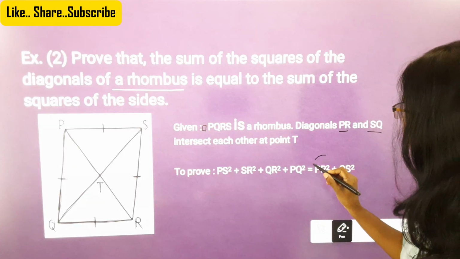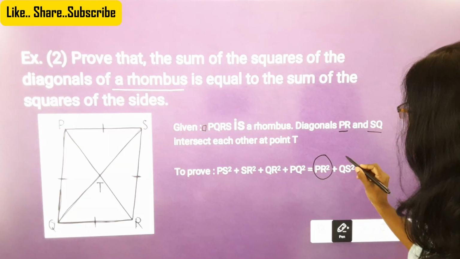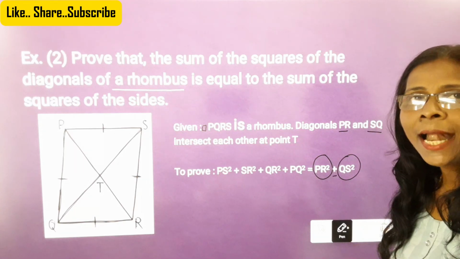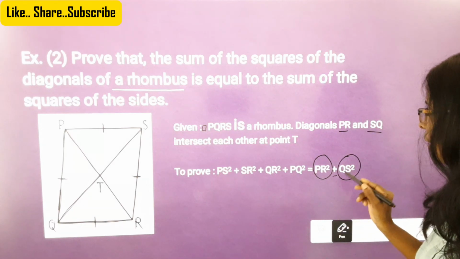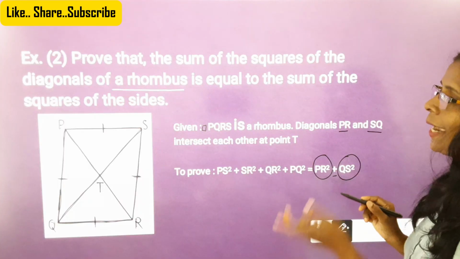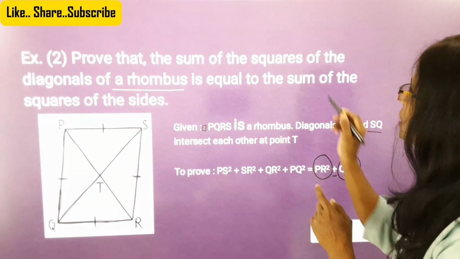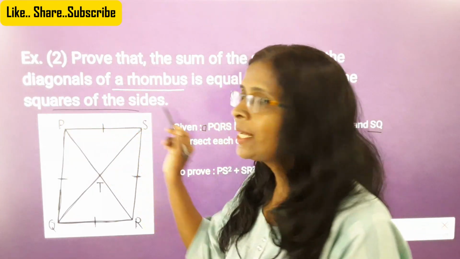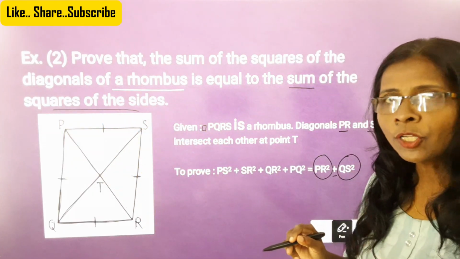So square of diagonals, that is PR square and QS square, and the sum means addition. So PR square plus QS square is equal to the sum of the squares of the sides. There are four sides.